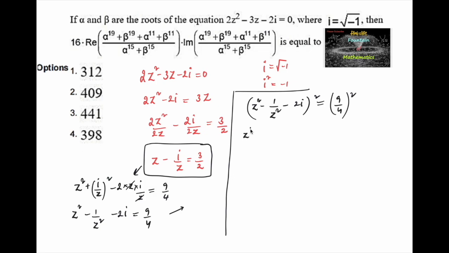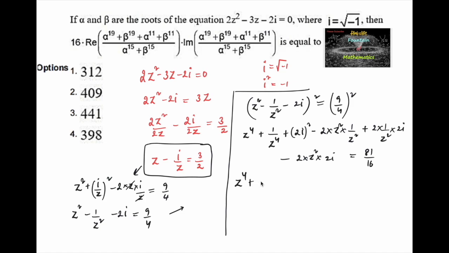So we can add z square whole square, that is z power 4, plus 1 by z square whole square, that is 1 upon z power 4, and plus 2i whole square, and here minus 2 into z square into 1 upon z square, and again here plus 2 into 1 upon z square into 2i, and again here minus 2 into z square into minus 2i, which is equal to 81 by 16.